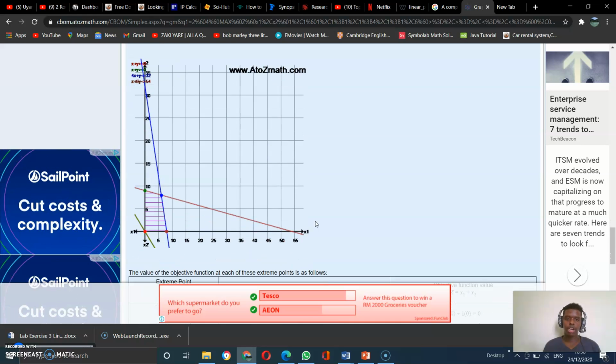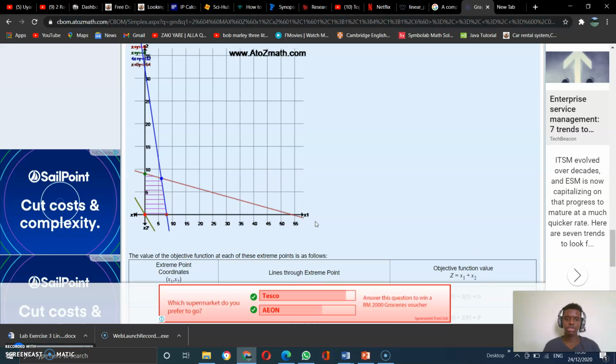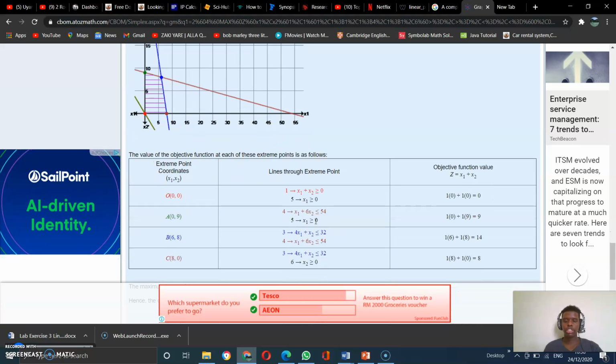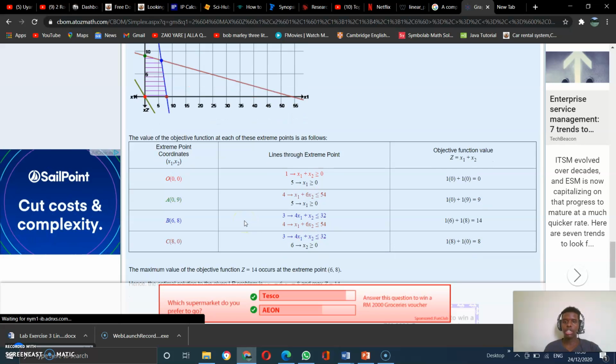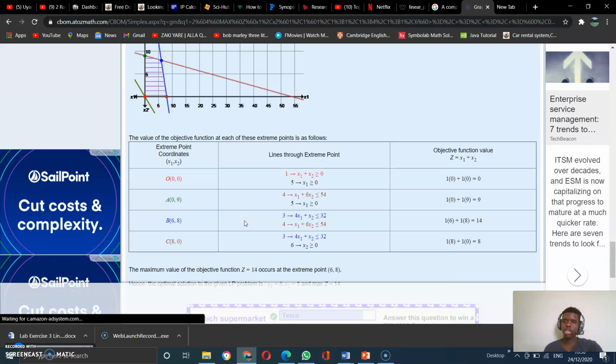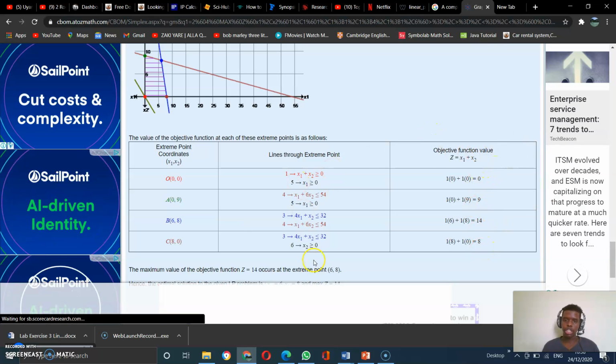So this is my graph, and you see x1 and x2. The objective function is linear, and the points are 8, 0, 9, 14, and 8.